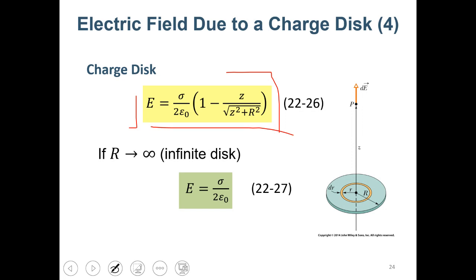And here we assume that if this disk is infinitely large, the E field would be simply like this. This is quite important, which will appear in the later chapters. Maybe the next one and 2 chapters later.